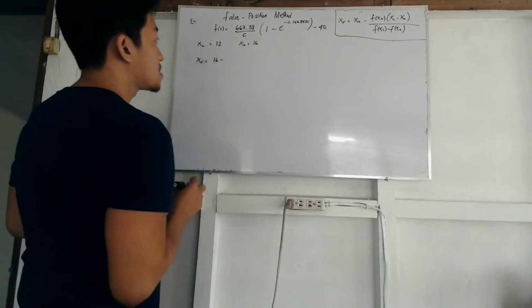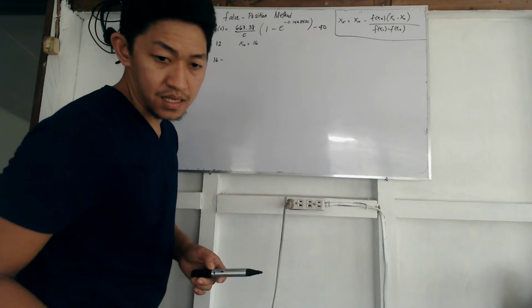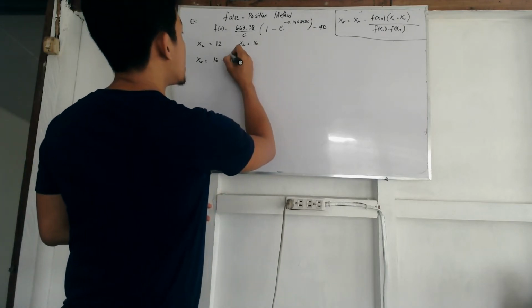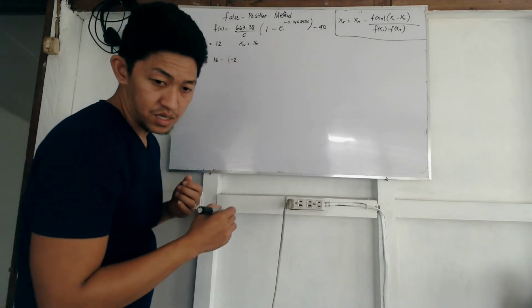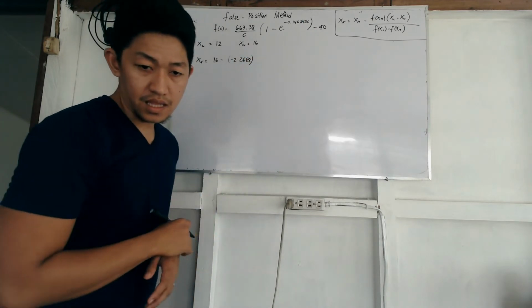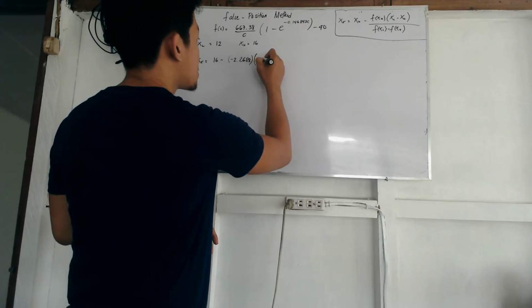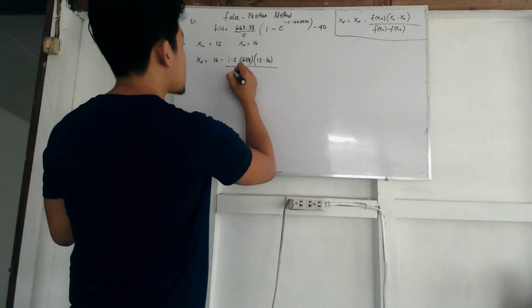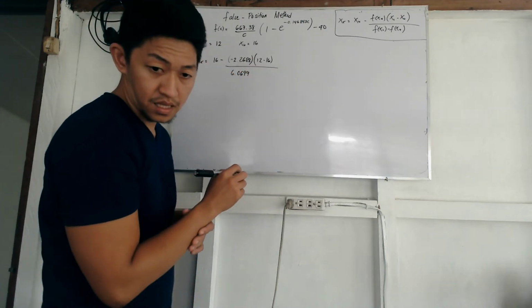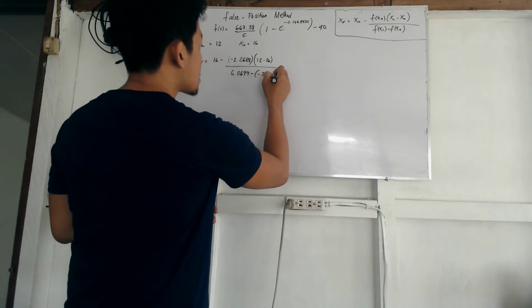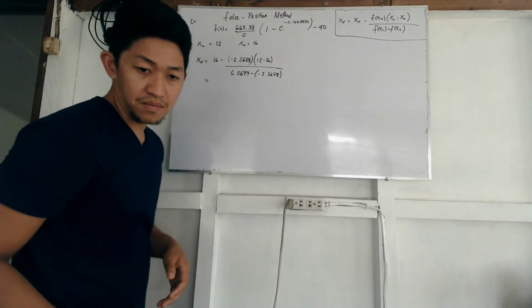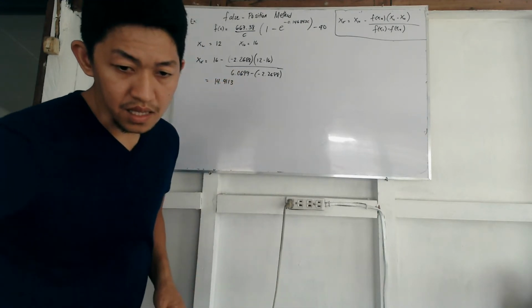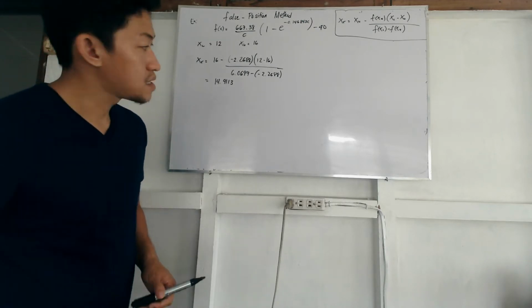You have 16 minus, now f of 16 is negative 2.2688, times 12 minus 16 over f of 12 is 6.0699 minus negative 2.2688. Okay, XR will be 14.9113.